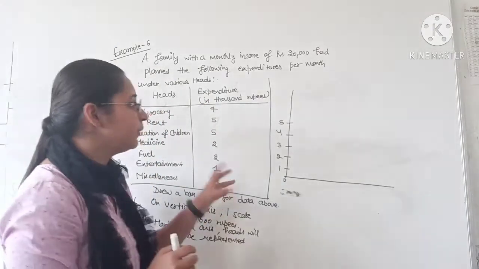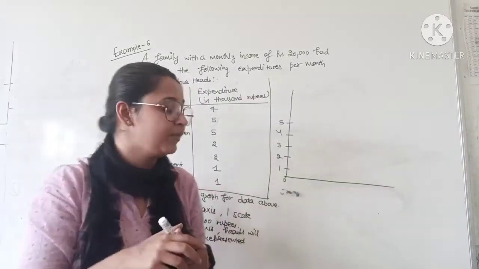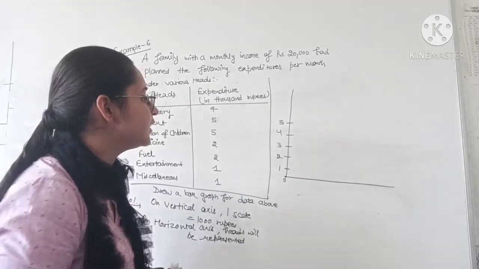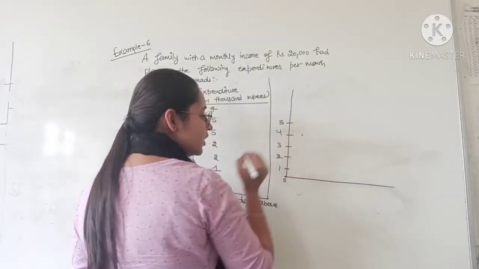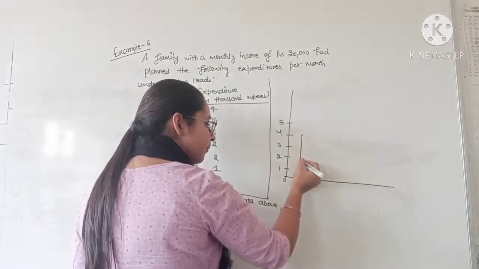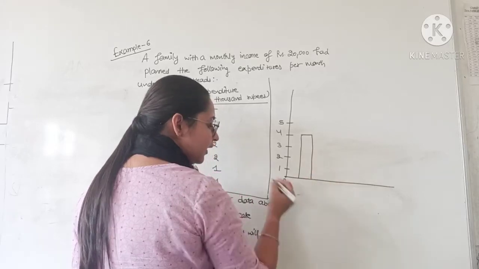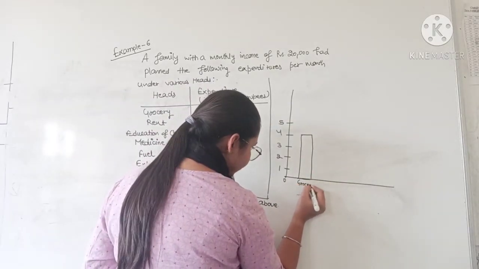Now we have to make a bar graph, which means we will make rectangles for each head. Grocery is 4,000, so we will reach up to here. So first I am drawing the rectangle for grocery.